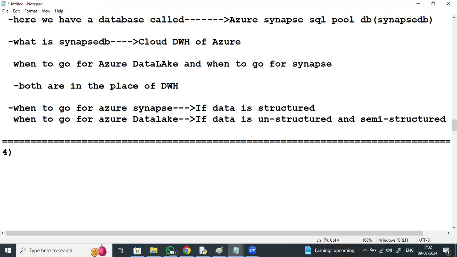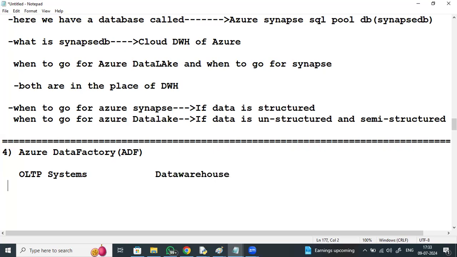Azure Data Factory, ADF. I take some OLTP systems and a data warehouse. Data warehouse means it stores historical data.